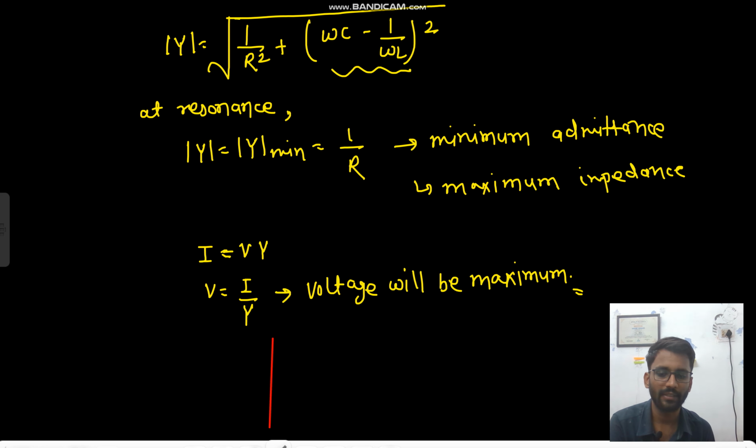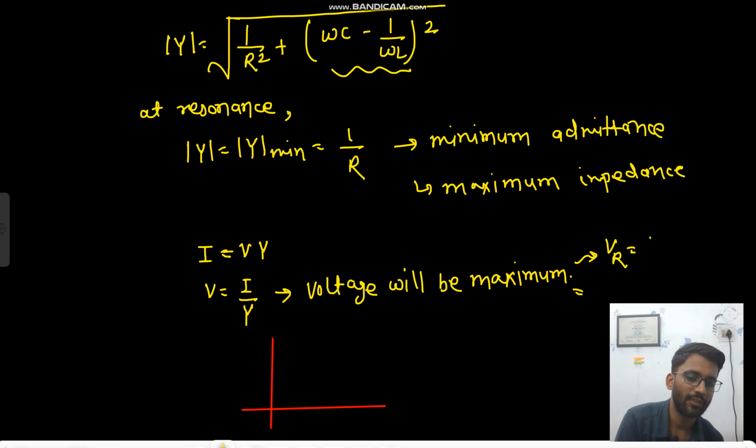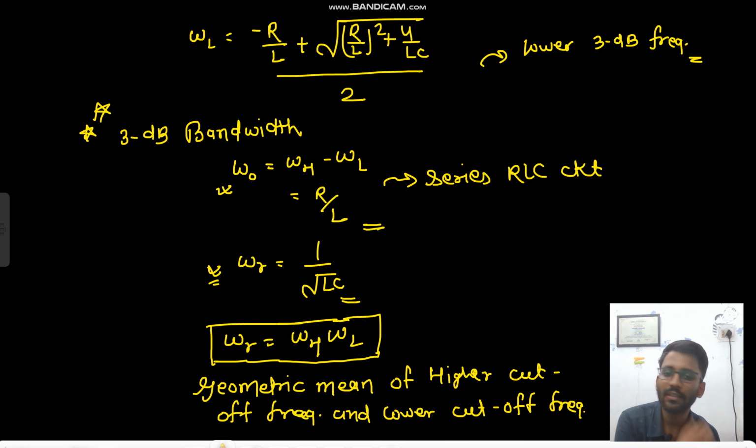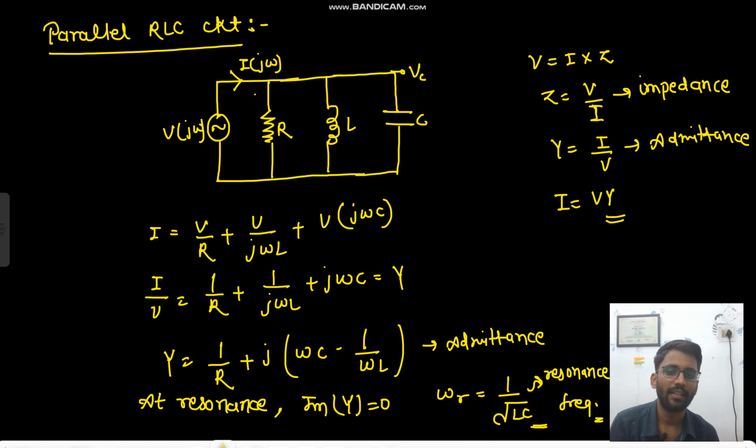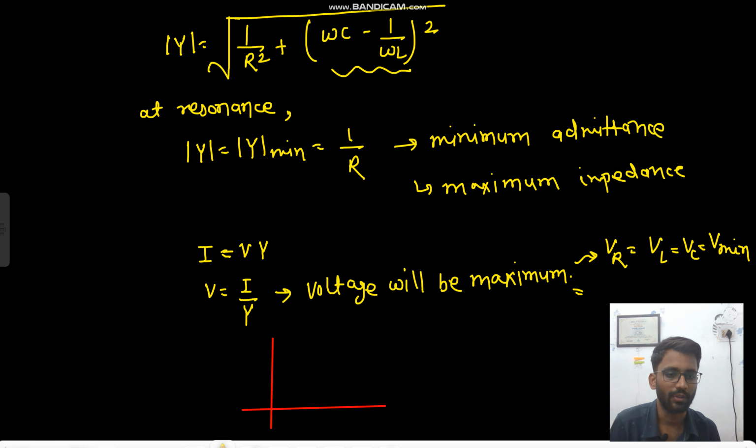Drawing the curve of admittance, let me elaborate it. So your VR is equal to VL is equal to VC equals to V maximum. Sorry, maximum.